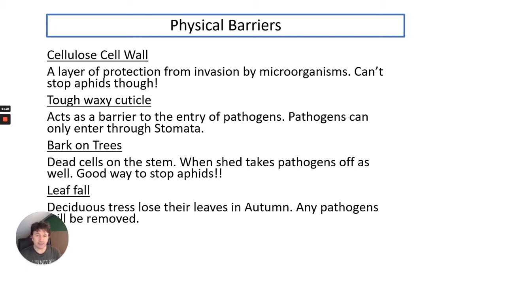Also, if you think about deciduous trees, each autumn they do lose their leaves. Obviously, they lose their leaves because of the weather change and because they need to stop photosynthesis. But another advantage is that if the leaves are suffering from any pathogens, they'll be removed.